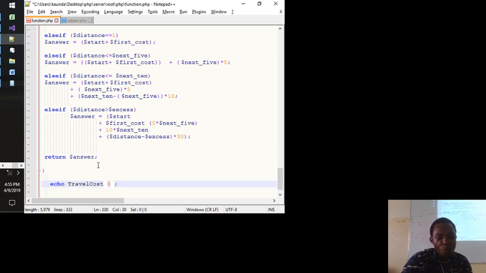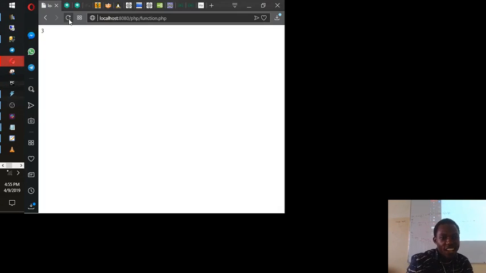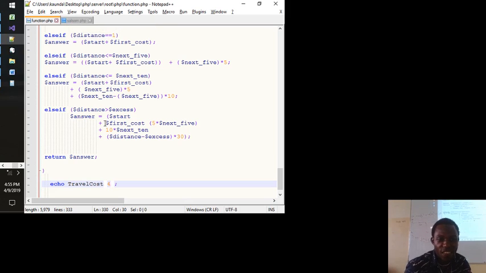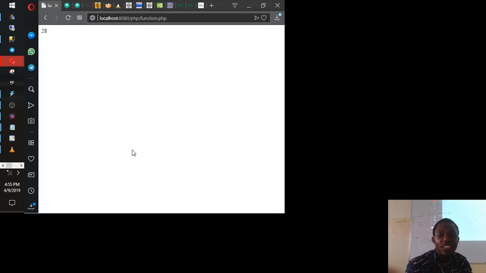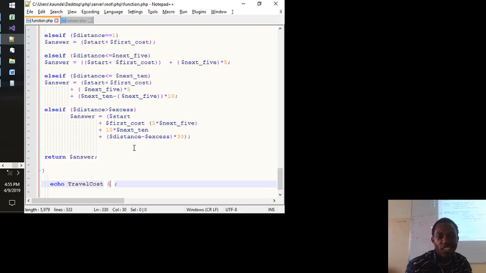Now let's see 4. This is where the headache starts. 4 kilometers, is it correct? Yes. It's correct. But it goes to be the first 6 kilometers. Okay. Then, if it's supposed to be 23, it's given us 28.